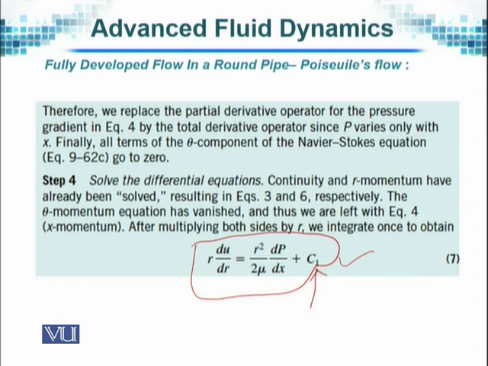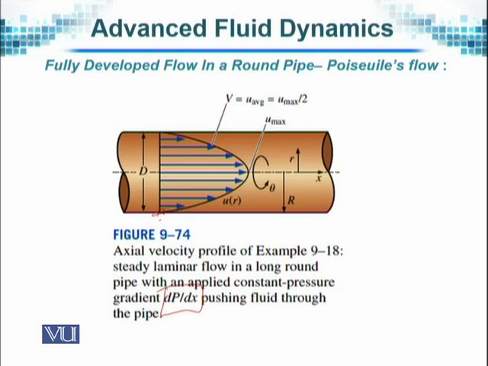When we divide throughout by r and integrate again, because we have to determine the value of u, that will eliminate r from the differentiation, and we will have a solution. The solution is this, and its geometrical representation is shown here. So that's the solution, and we have shown a diagram also of how the fluid flow looks.